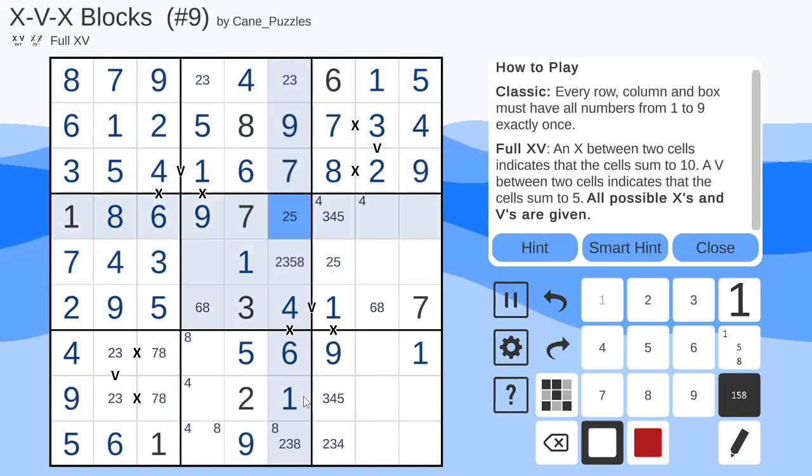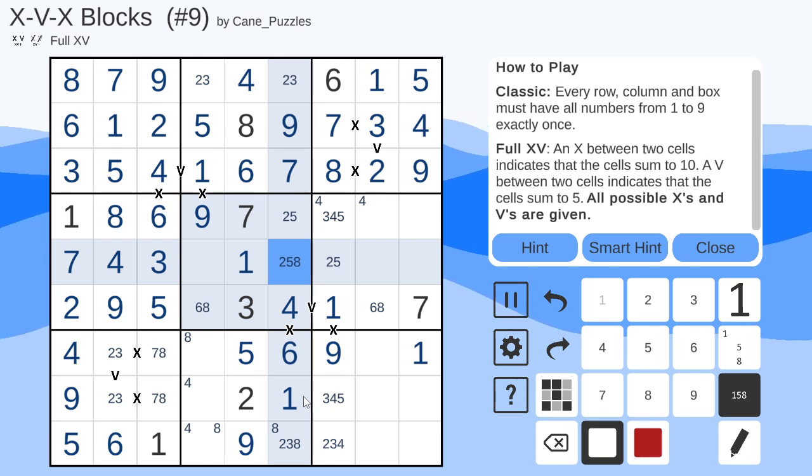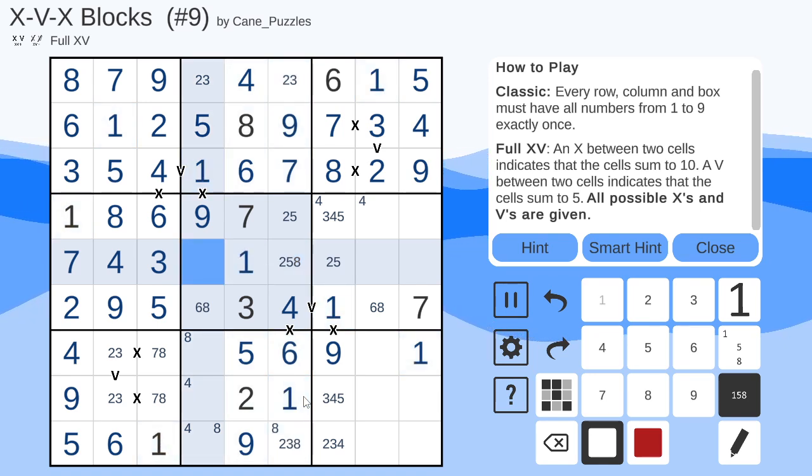You're not a 3, you're not an 8. You're not a 3. You are a 2, 5, 6, and an 8. You're not a 5.